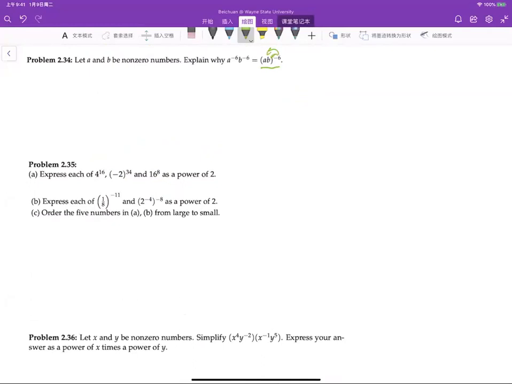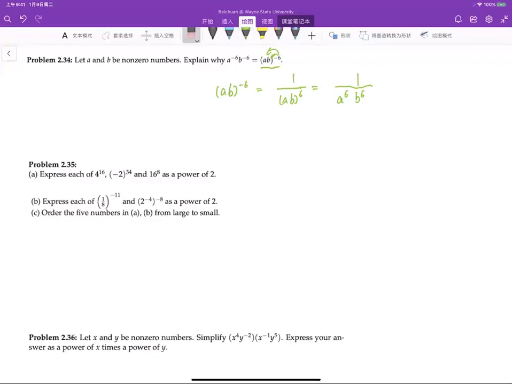So then let's check the two sides. So AB to the negative 6, we know that this is equal to 1 over A times B to the 6. Right? And then for the denominator, we have somehow a distributive law, which means we can distribute the exponents when the exponents are positive. Right?